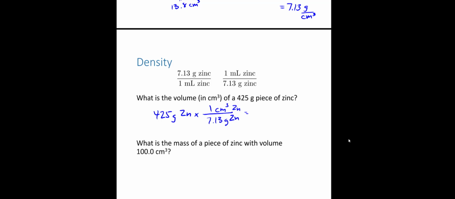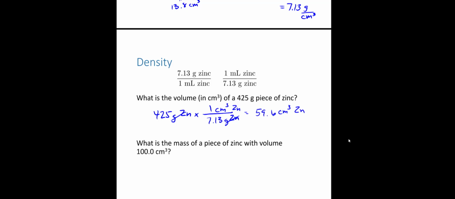We need 3 significant digits, so that would be 59.6. Make sure that your units make sense. We got rid of grams. The unit we wanted was centimeter cubed, and that's what we have here. So 59.6 centimeter cubed, or we could say 59.6 centimeter cubed of zinc.